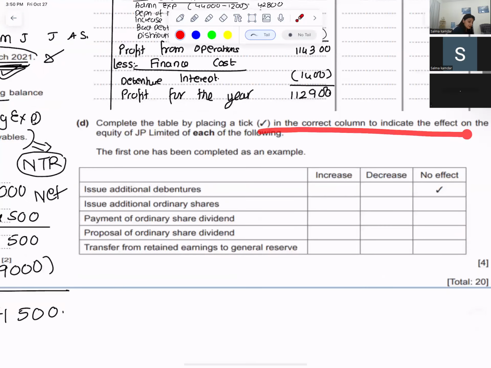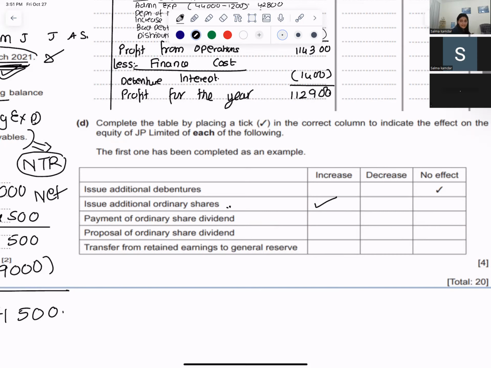Next one. Put a tick in the correct column to show the effect on equity. You want to show what will increase or decrease the equity, or what will have no effect. If you issue ordinary shares, will it increase or decrease the equity? It will increase the equity. If you pay ordinary share dividend, will it increase or decrease the equity? Decrease.